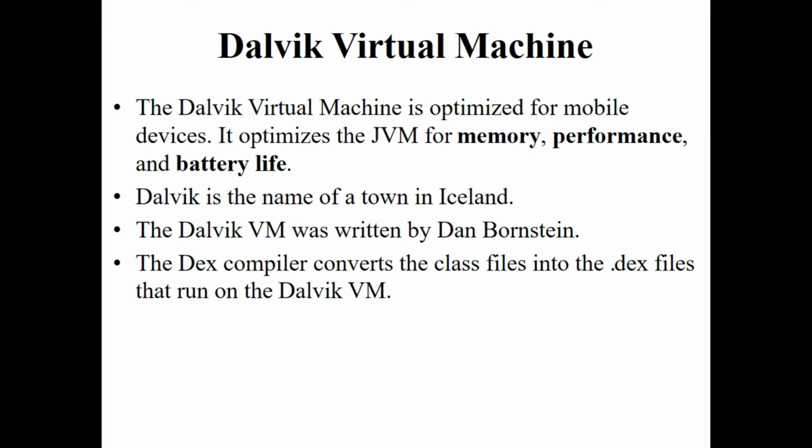Right now we have 8 or 16 GB of RAM in mobile, but in the early stage of Android, in versions 1.1, 1.2 to 3, we had only a small amount of memory, 512 MB or 1 GB of RAM, not more than this. So it was not possible to run on mobile the same JVM which we run on desktop. So we optimized the JVM. That optimized JVM is called the Dalvik virtual machine. We optimized it in terms of battery life and memory performance.